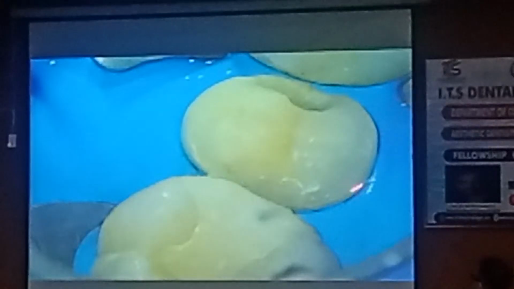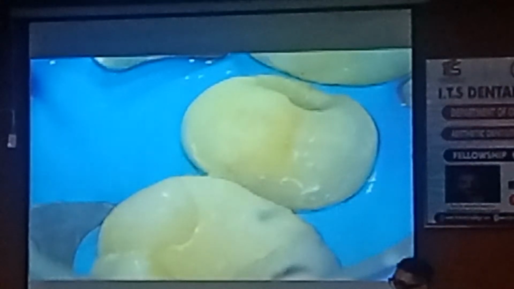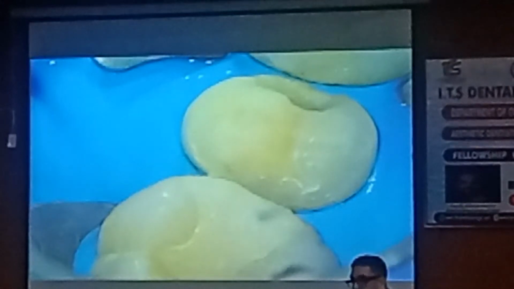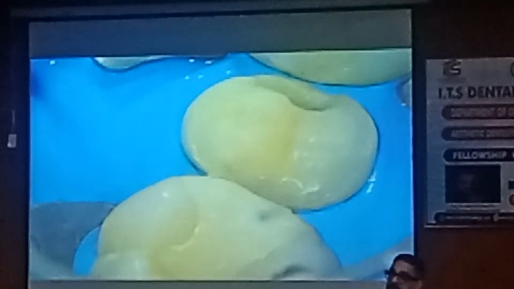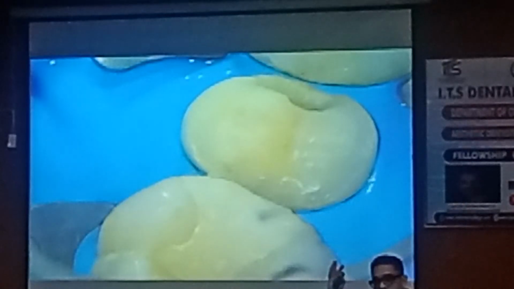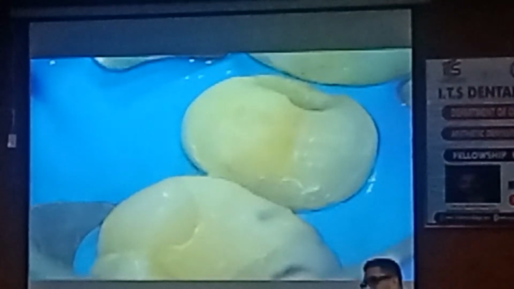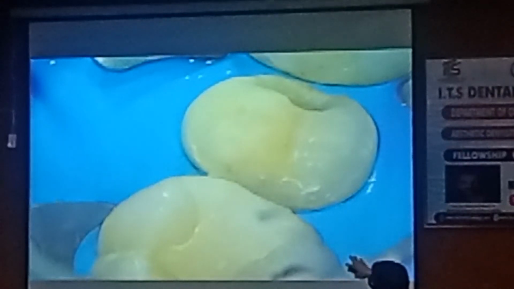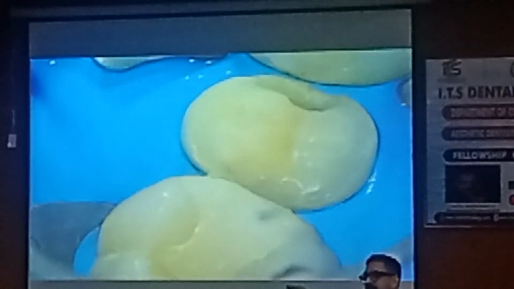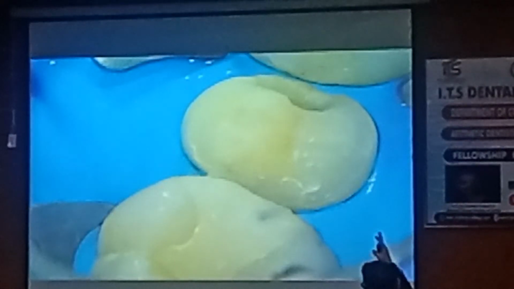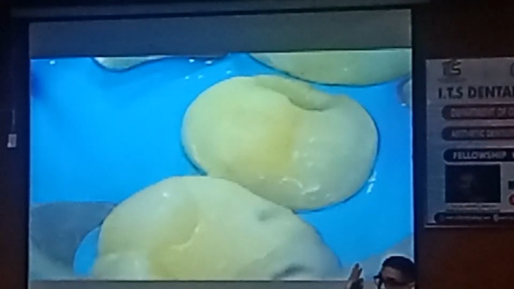Now what's the principle behind this? Your enamel rods. Your enamel rods' orientation changes from the cervical to the occlusal surface. Which means at the cervical level they are at an angle downwards. As it comes towards the middle part, it is 90 degrees, and as it goes up, it becomes straight 90 degrees.